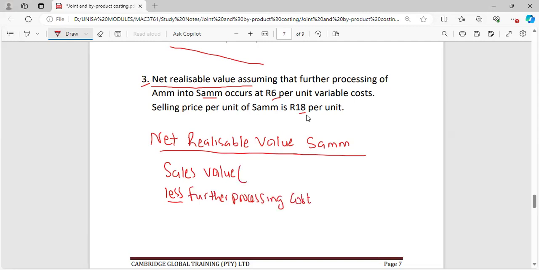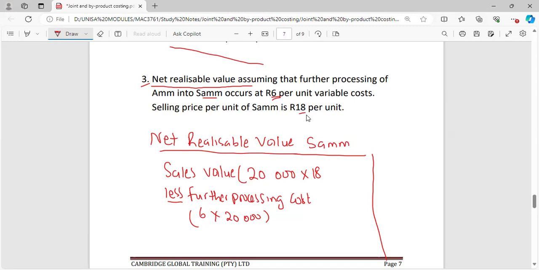So the sales value of ARM, which was converted to SUM, is going to be 20,000 times 18. Then the further processing cost is 6 times 20,000. So how much are we going to have as the sales value? 360,000.